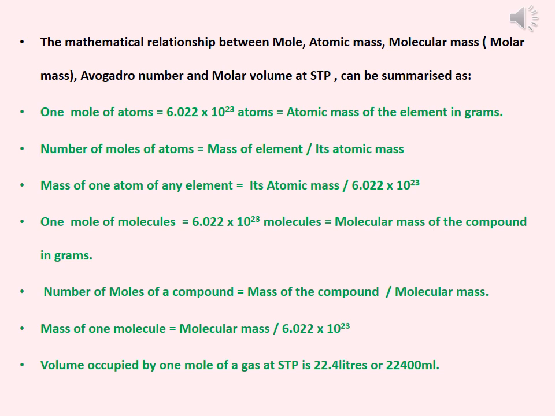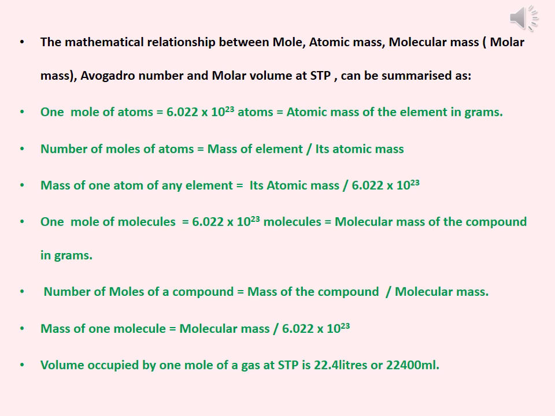Second, how to find out the number of moles of atoms. This you have done in the problems also. Mass of the element taken divided by its atomic mass. I don't have to tell further about that. Third, how to calculate the mass of one atom of an element: its atomic mass divided by 6.022 into 10 power 23. Why?